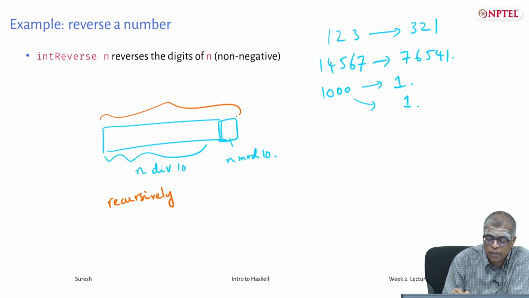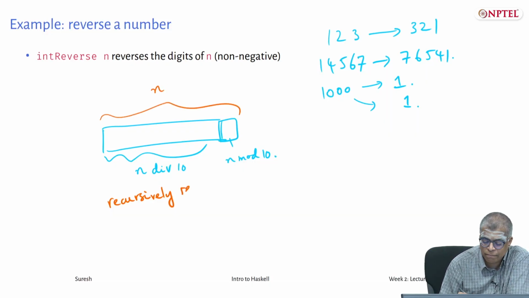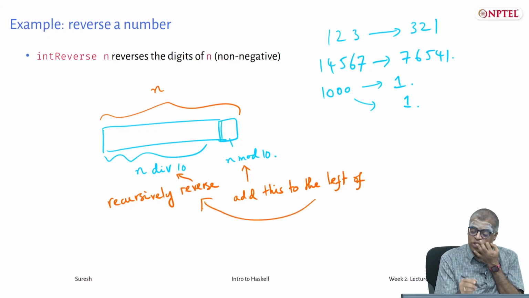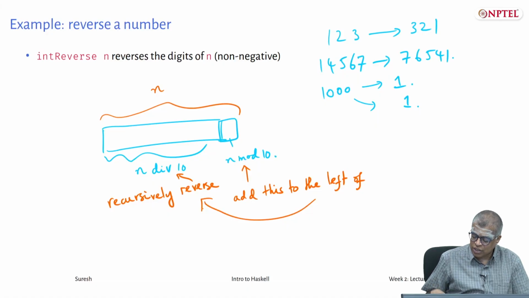This whole thing is n. Recursively reverse this and then add this digit to the left of the reverse of that.